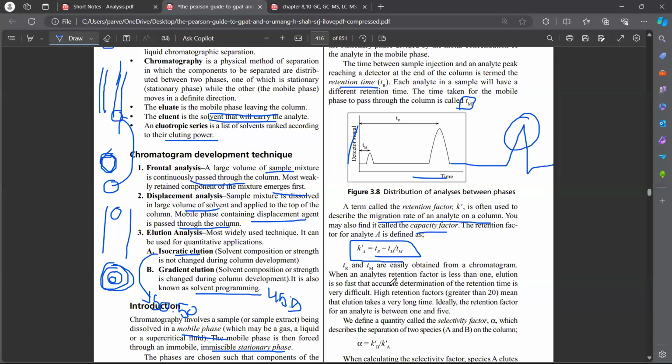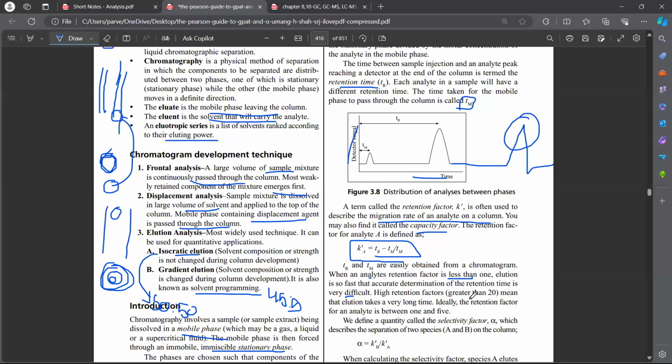When an analyte's retention factor is less than 1, it indicates that its elution is so fast that determination of retention time is very difficult. Some analytes have very low affinity towards the stationary phase, so their retention time becomes equal to TM, the mobile phase time.